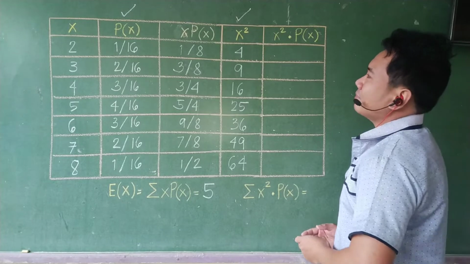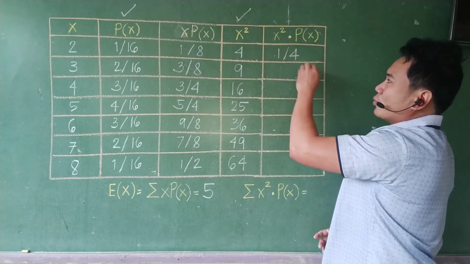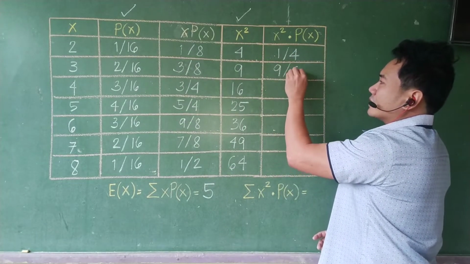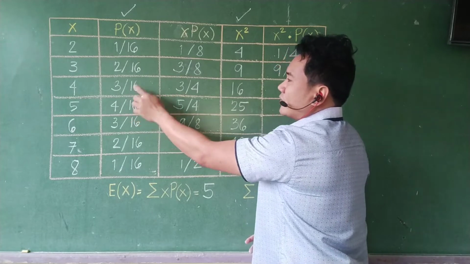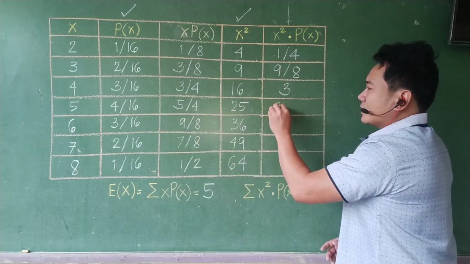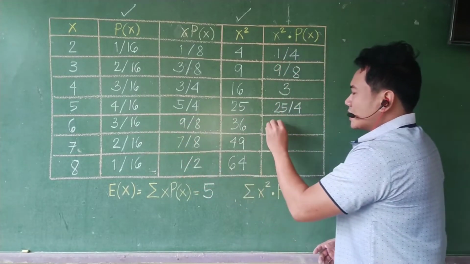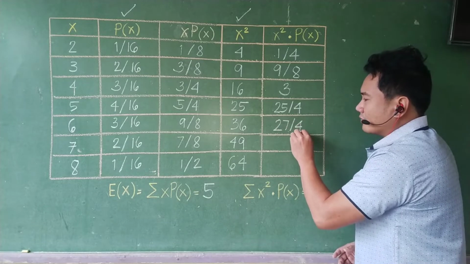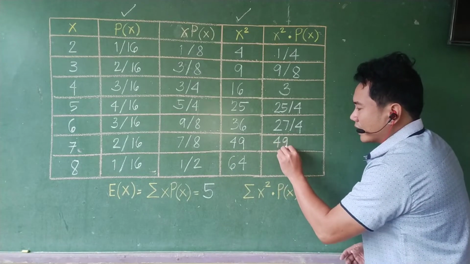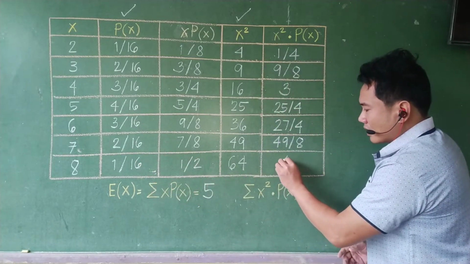Let us begin. 4 times 1 over 16 is 1/4. 9 times 2 over 16 is 9 over 8. 16 times 3 over 16 is 3. 25 times 4 over 16 is 25 over 4. 36 times 3 over 16 is 27 over 4. 49 times 2 over 16 is 49 over 8. 64 times 1 over 16 is 4.